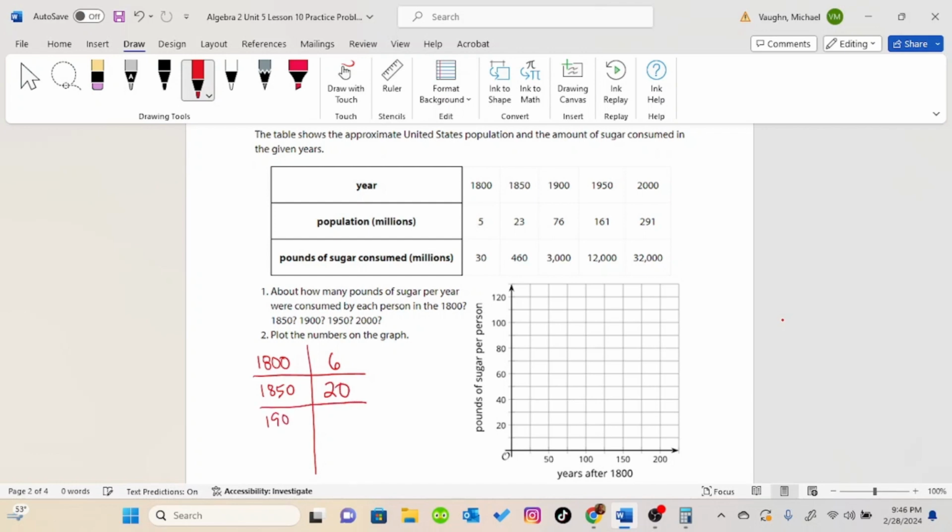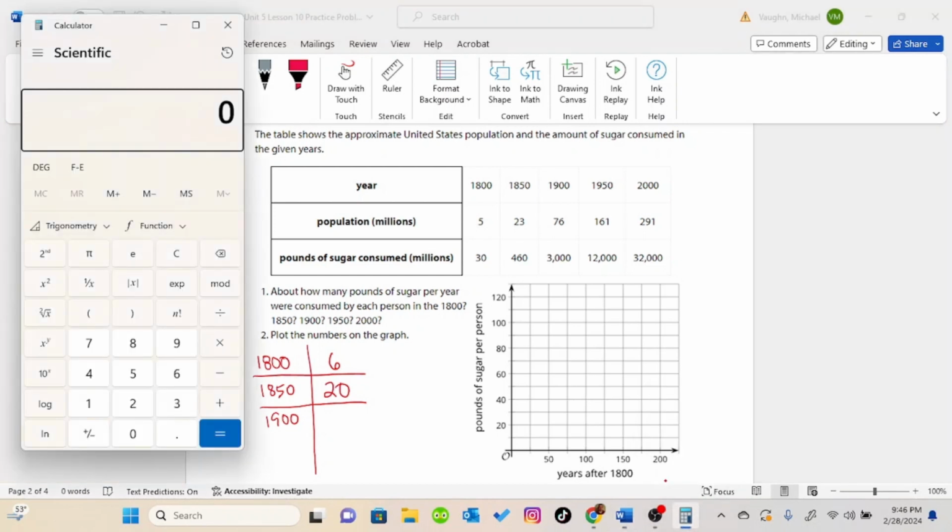In 1900, we have 3,000 divided by 76, which is approximately 39.